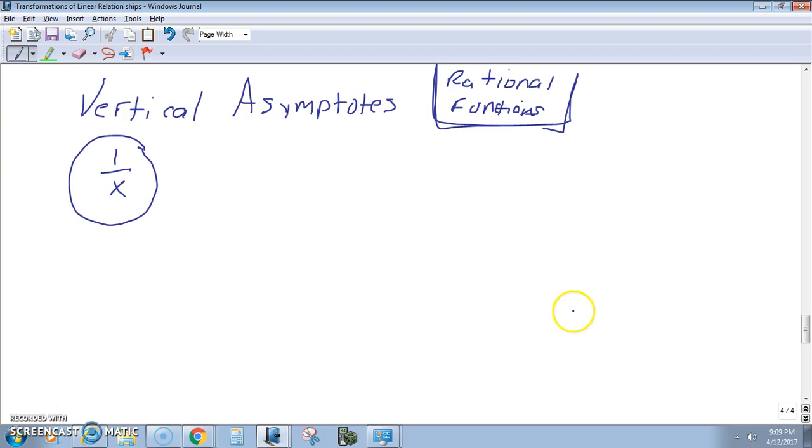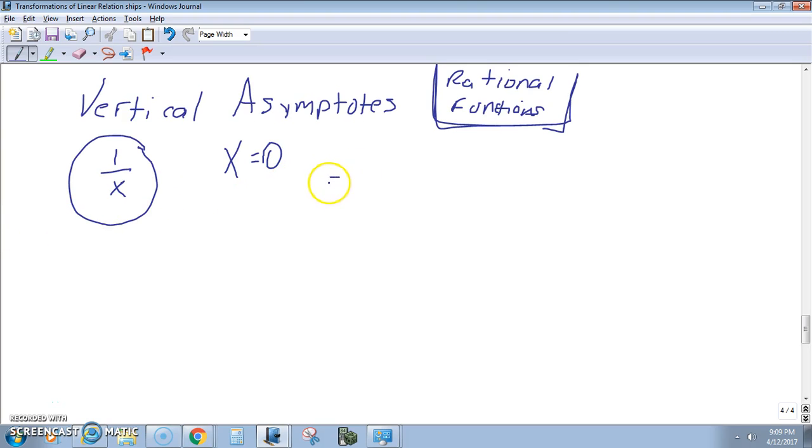So if we go back to our notes, why does it never hit that y-axis? Well, the y-axis is actually where x is equal to 0. That's how we define our y-axis, because x is 0 all up and down the y-axis. If x is 0, that's the only way you can get there.